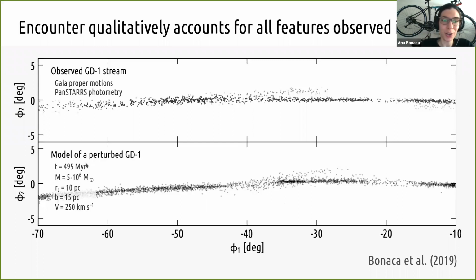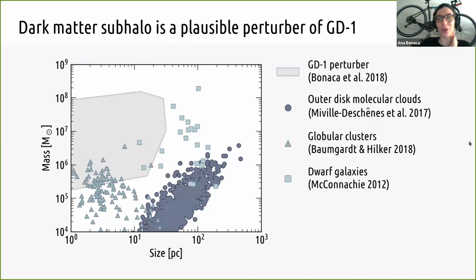So we varied all of these 5 parameters, but for brevity, I'll just show our constraints on the mass on the y-axis and the size on the x-axis of this GD1 perturber. So an object that introduced a gap and a spur in the GD1 stellar stream. This is shown here in the gray shaded area.